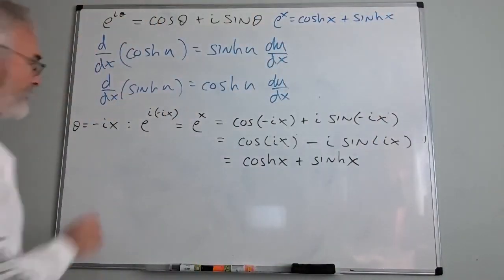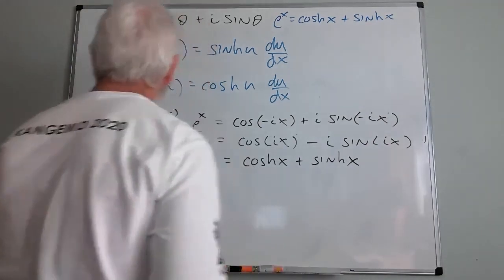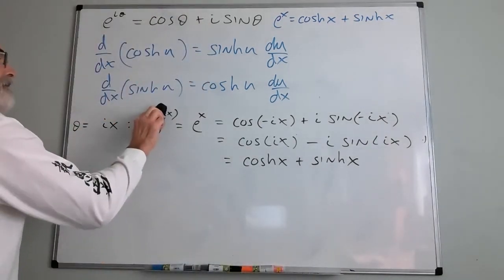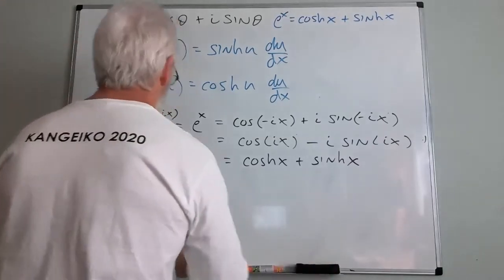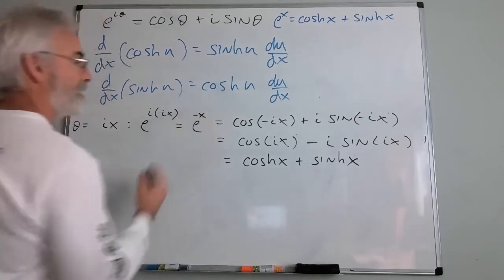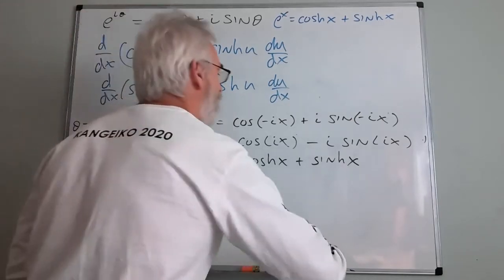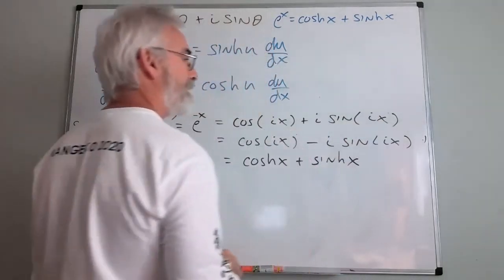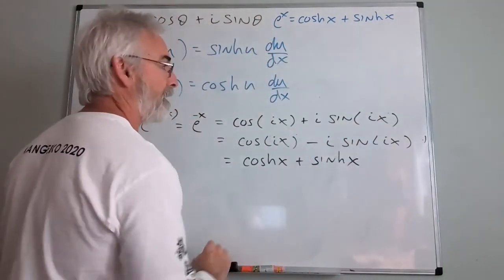Cool. Now let me do the same thing, but now I'm going to do it for positive ix. Positive ix, then that would make this e to the negative x. But if I go positive ix and I go positive ix, then what does that do?